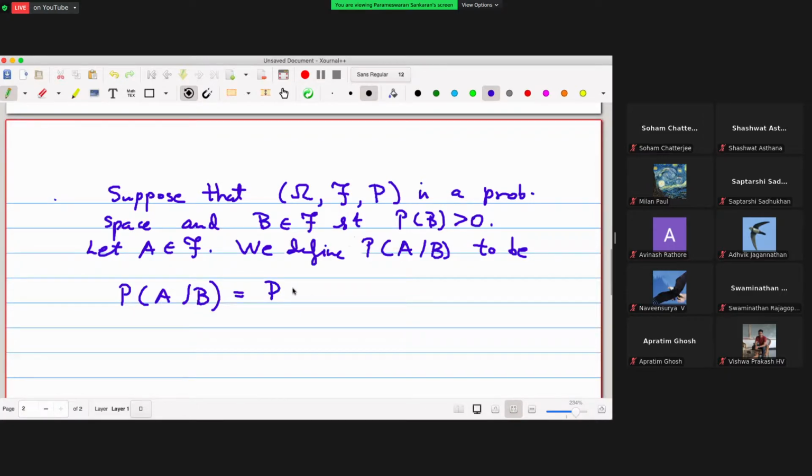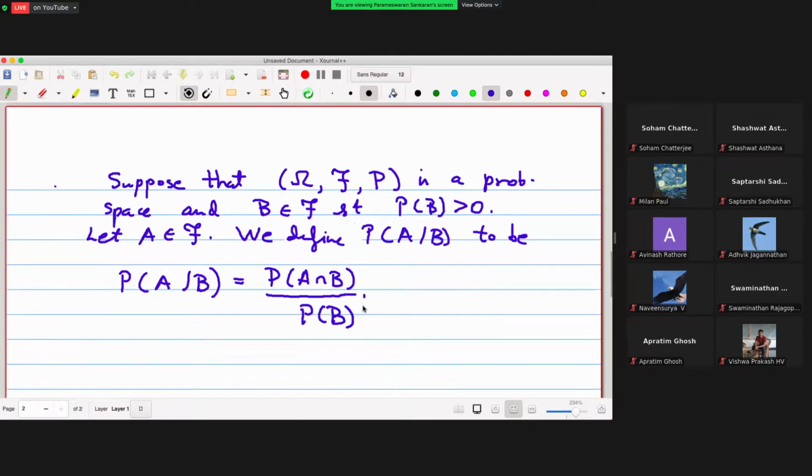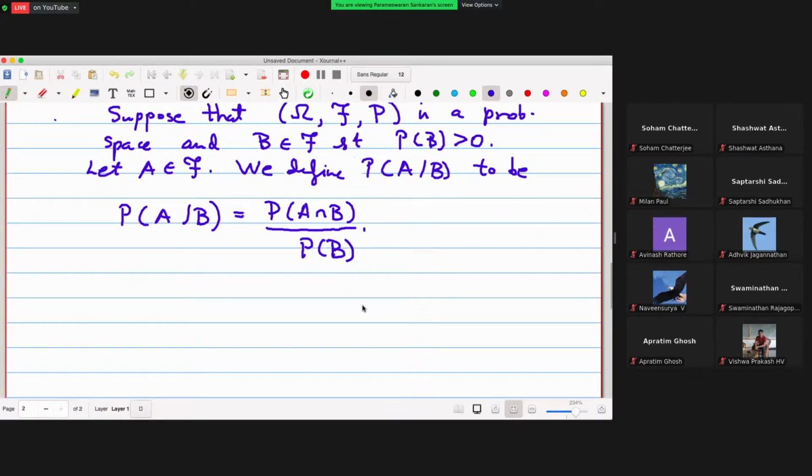So this is the probability of A intersection B divided by the probability of B. In other words, what it is computing is this phrase, probability of A given B.